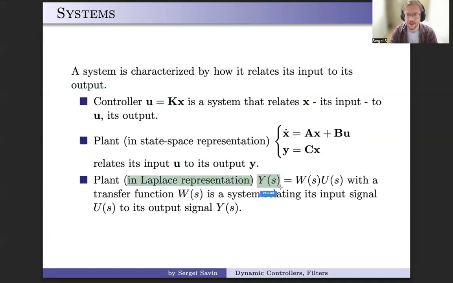Let's say you have Y as your output, W as your transfer function, U as your input, all in the form of Laplace images. Then it again is a system that is characterized by how it takes U, mapping it to Y, right? Good. So that's what a system does.